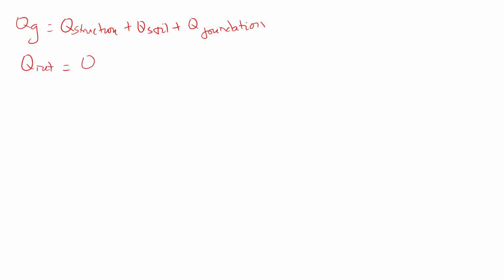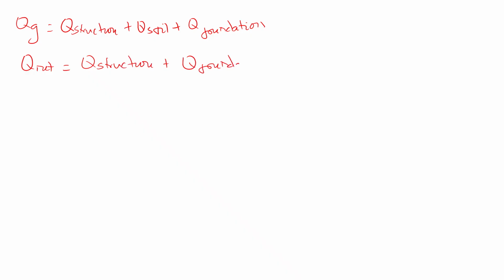Let's have a quick recap of what we have seen so far. Remember that if you are talking about gross, then it means you are talking about the effect of structure plus soil plus foundation. This I am talking in terms of load. If you are talking in terms of net or simply Qn, it is the effect of structure plus Q of foundation.